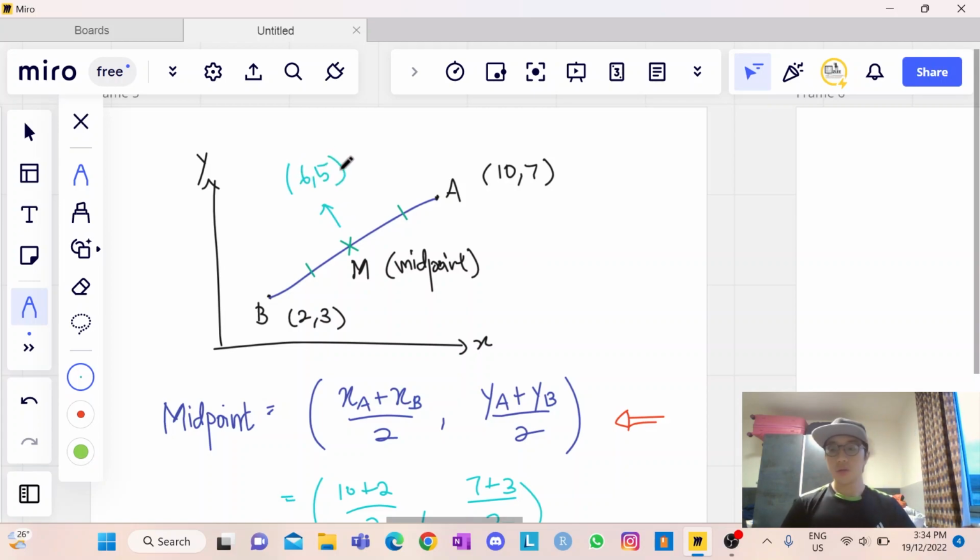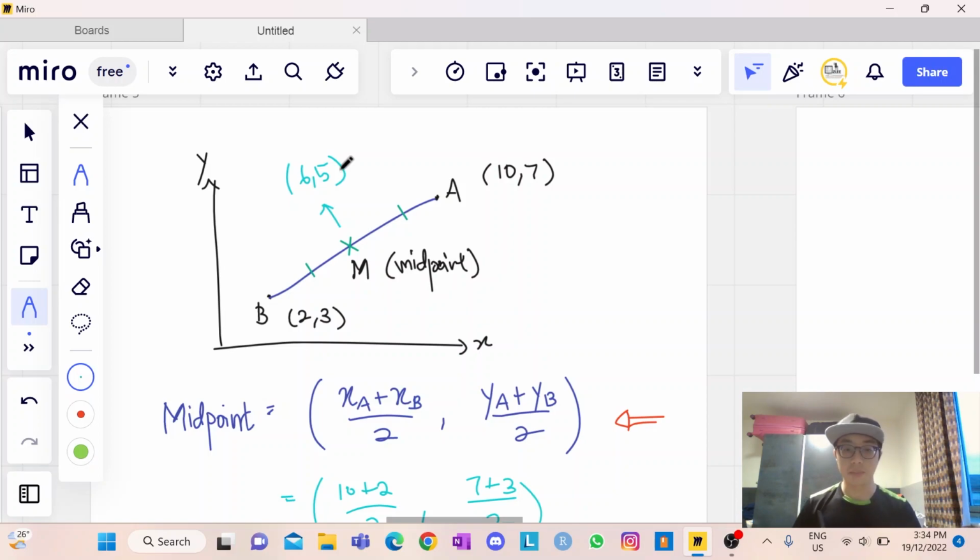Okay, so before I end this video, I would like to actually just prove to you this is the midpoint for A and B. From what I said just now, midpoint will divide two coordinates such that both of them will have equivalent length.